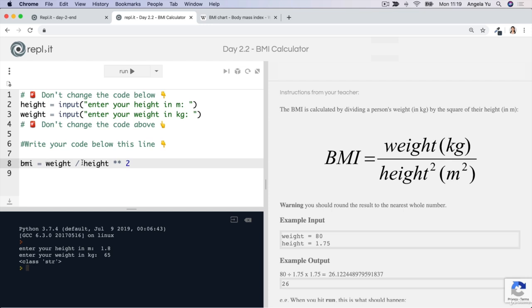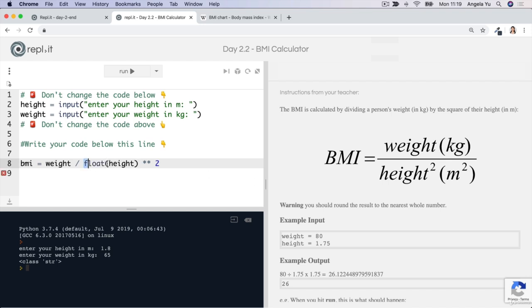But the height, on the other hand, definitely needs to be a floating point number, because if it was an integer, then there would only be heights of 1 meter, 2 meter, 3 meter. And because most people lie between 1 meter and 2 meter, we really need those numbers after the decimal place in order to get an accurate calculation. So the height definitely needs to be a float.